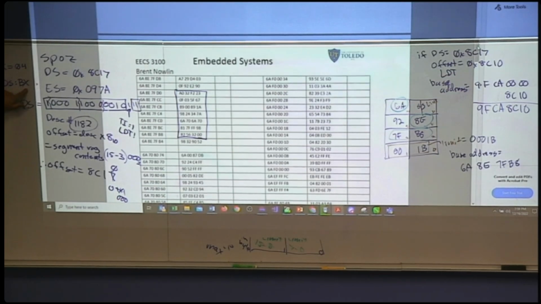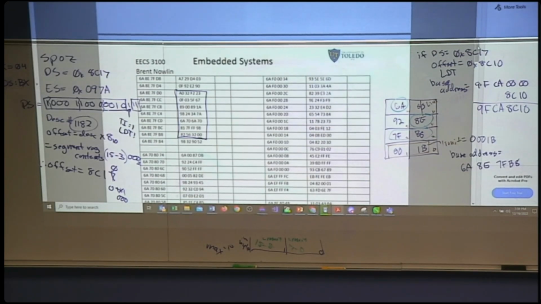The colon means several things. This means it's in this segment. We're using this segment register and this offset. Well, direct addressing. Yep. And we're going to copy the contents here in memory land to here.